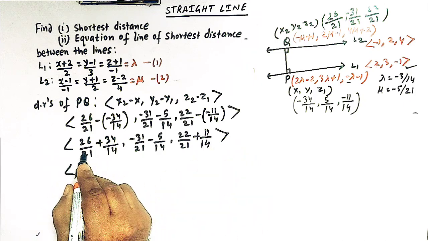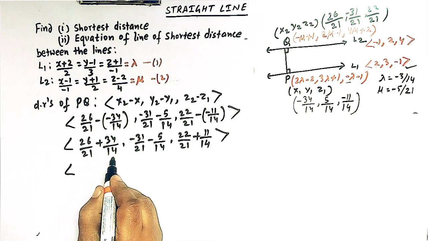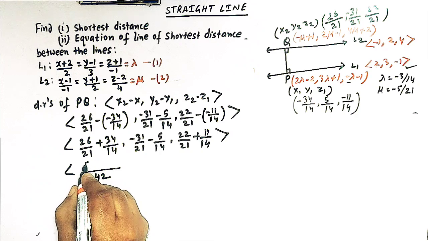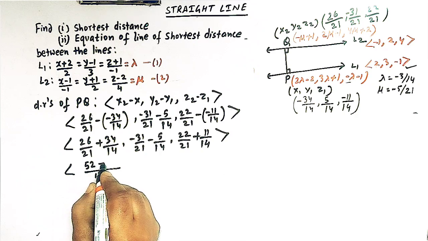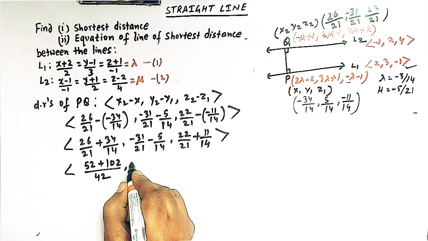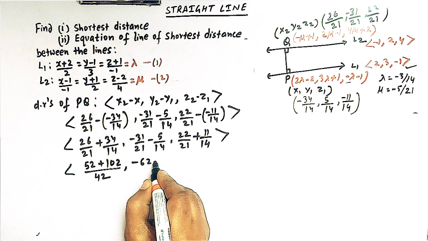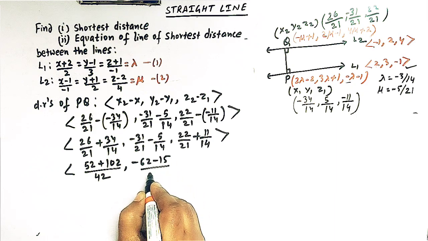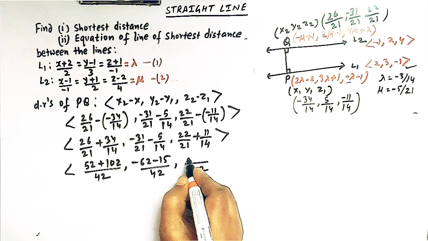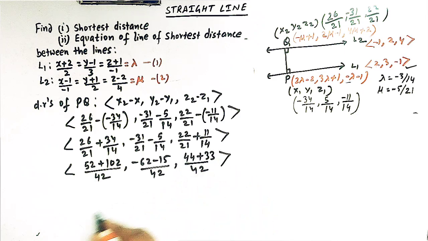So now we have here the LCM of 21 and 14 is 42. So here we have now 52 plus 102, and then here we have minus 62 minus 15 over 42, and here we have 44 plus 33, right?